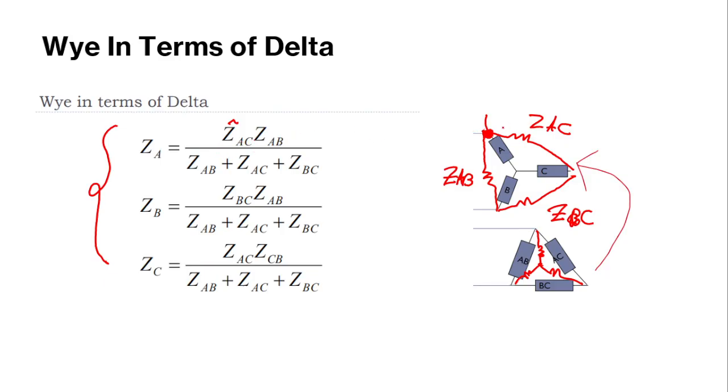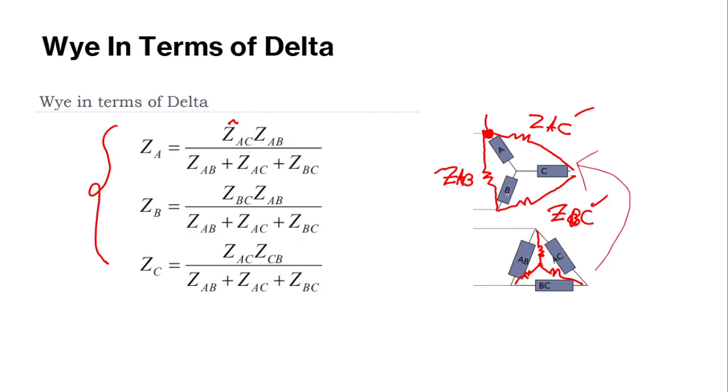So ZA, how do we think about it? The resistors that are touching or connecting to the node will basically be the ones you're multiplying, and it's always divided by the sum of all three of them. So for example, ZA will basically be ZAC multiplied by ZAB, divided by ZAC plus ZAB plus ZBC.